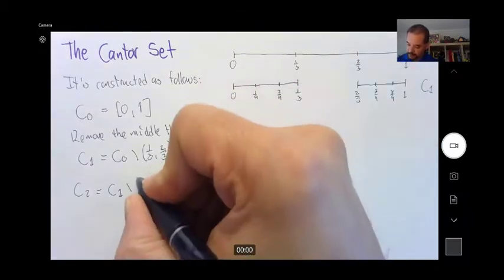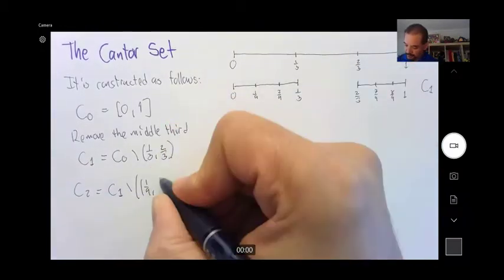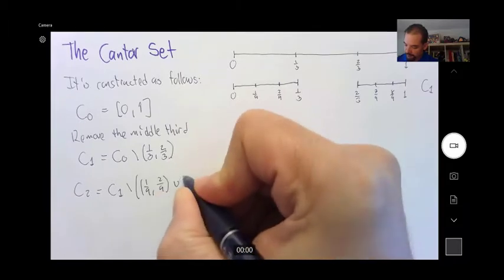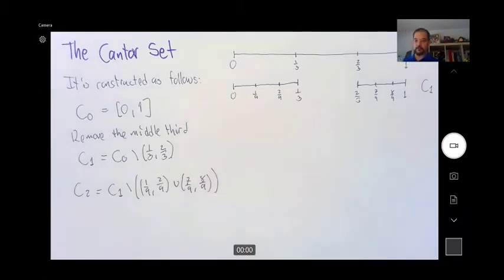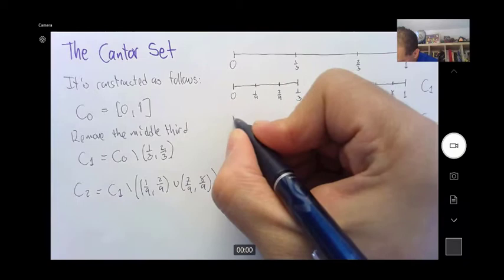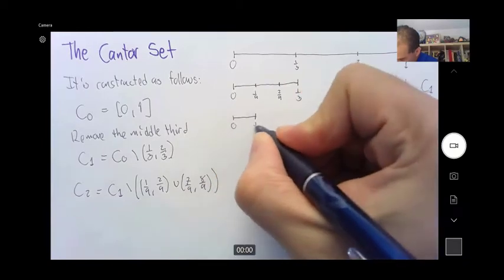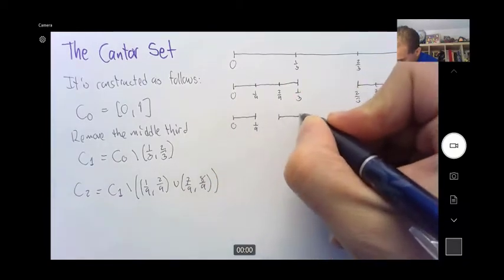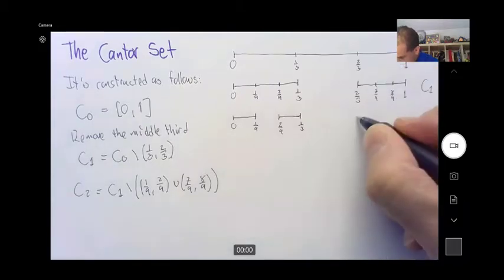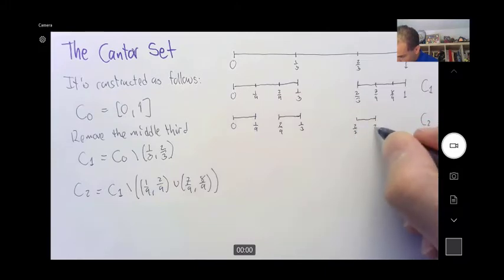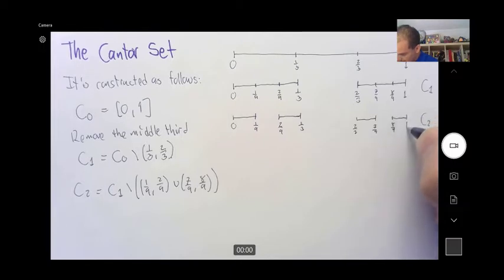We're taking 1/9 to 2/9, and we're also taking 7/9 to 8/9. All right. So the new picture for C2 is from here to here, and then from here to here. And then here from 2/3 to 7/9, and then from 8/9 to 1.